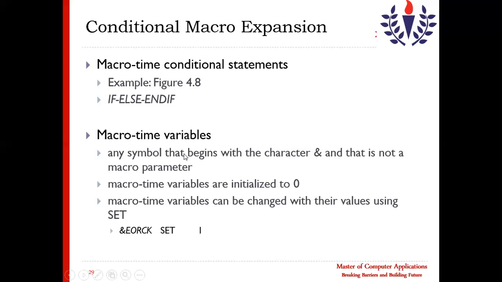Any symbol that begins with the character ampersand and is not a macro parameter is a macro time variable. In a macro definition, we mostly put ampersand with macro parameters. So if ampersand is used anywhere other than on a macro parameter, that data item is a macro time variable.